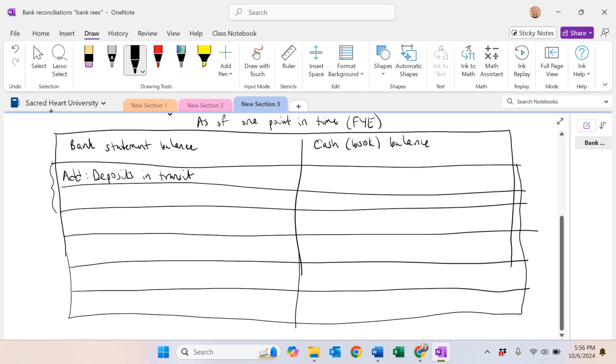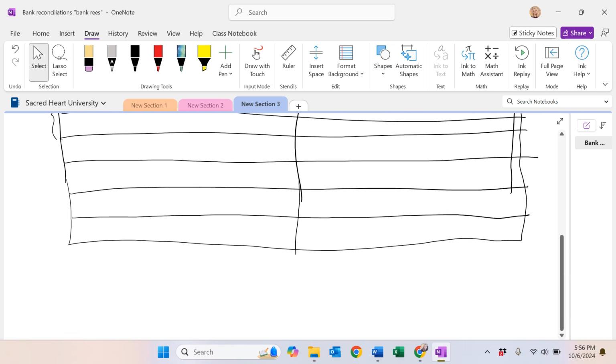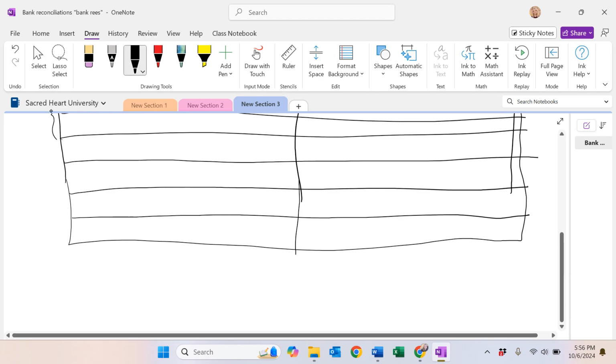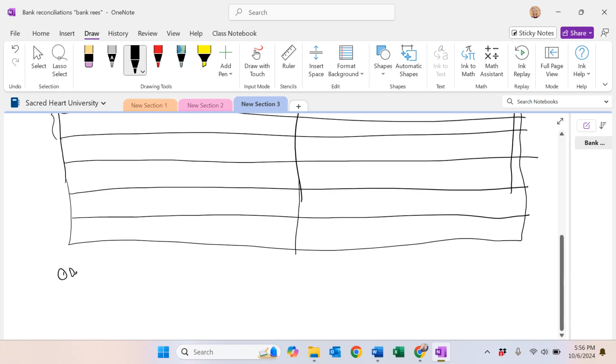So you're probably wondering, what is a deposit in transit? So below our schedule, let's come down and let's write out the definition for deposits in transit. This refers to checks that the company received. So customers wrote the company checks, they received them, and they recorded it.